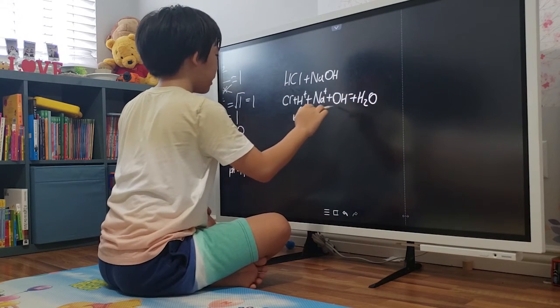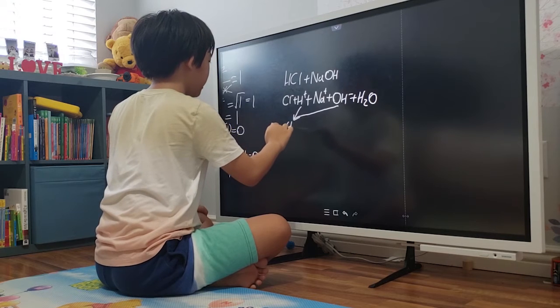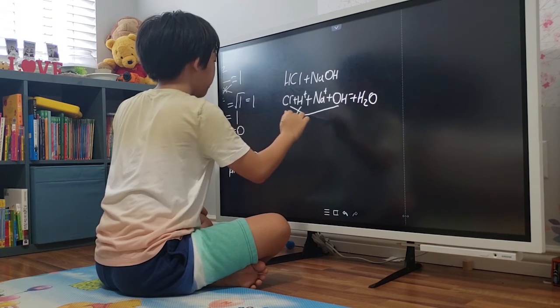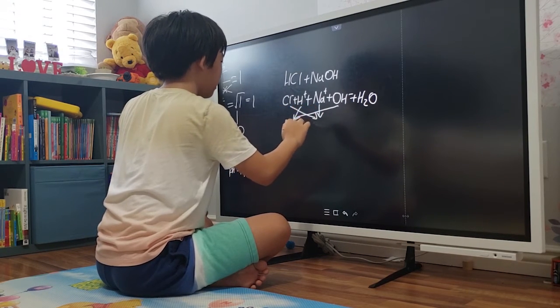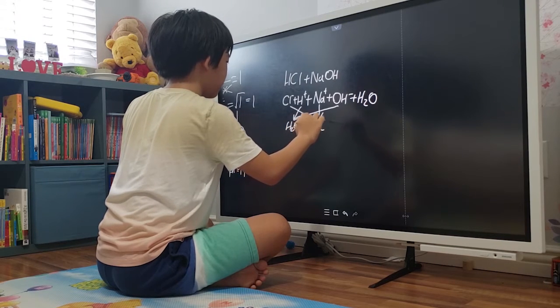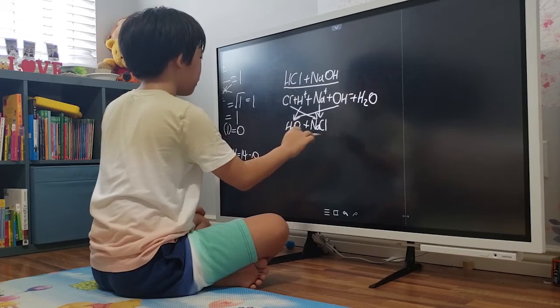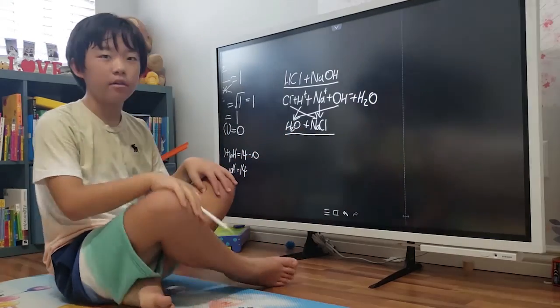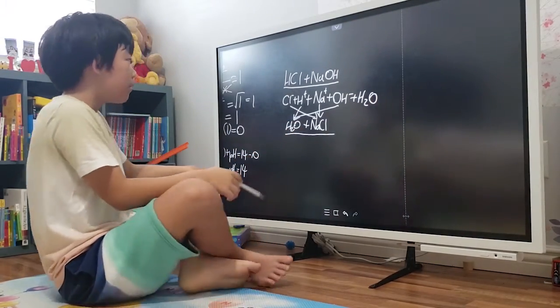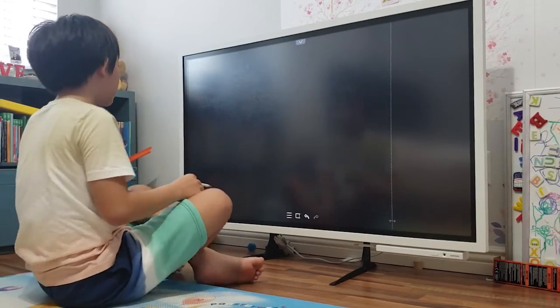We always get H plus and OH minus together and get H2O. And these two are just table salt, NaCl. So these guys are going to react to form H2O plus NaCl, or salt water.